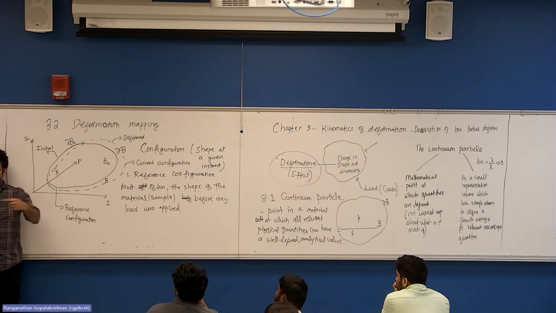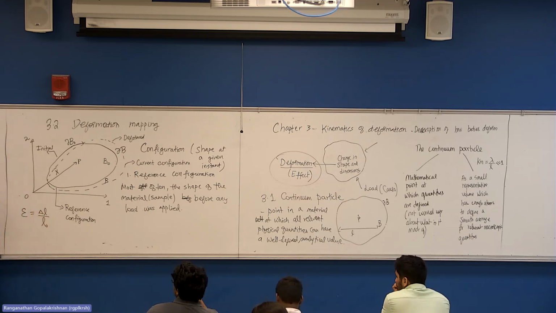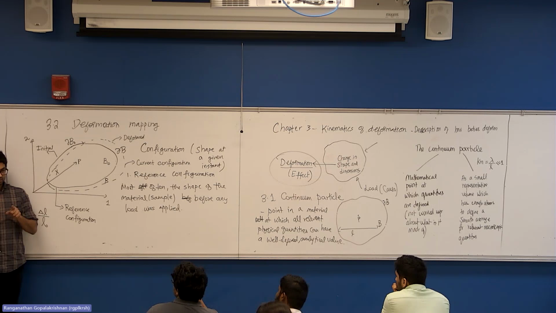The separation between them will increase. That is literally what deformation is. You are having an increase in separation between them, so there is a change in length, and we go back to the engineering definition where it is change in length divided by initial length. Shape change is nothing but the mapping of individual points from one location to another.